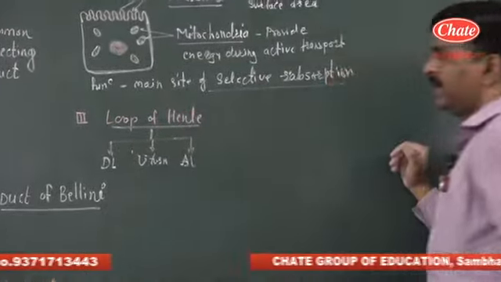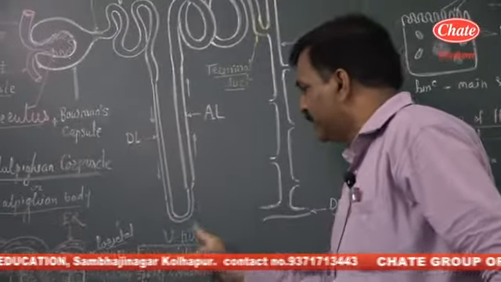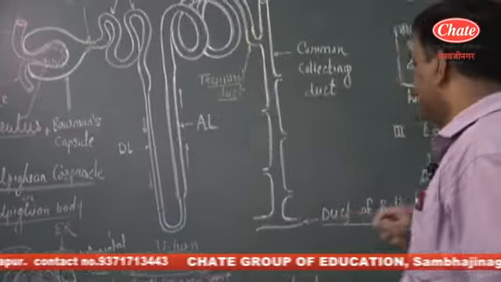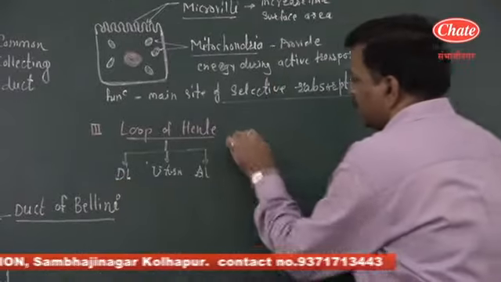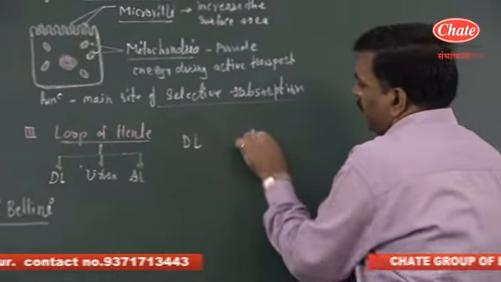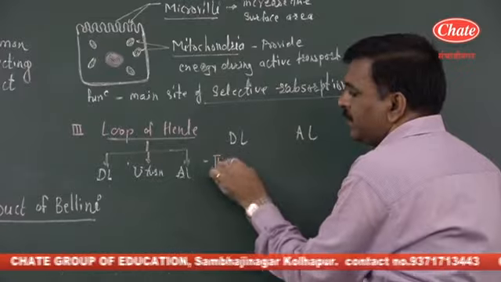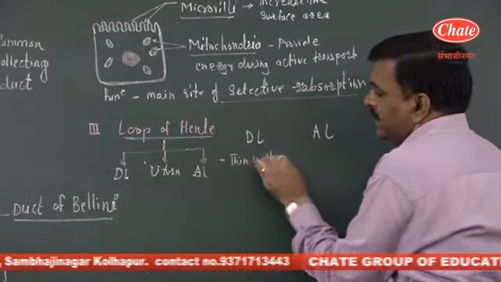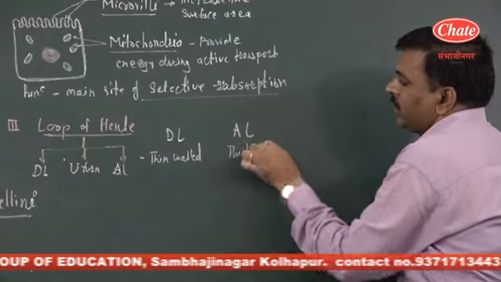So these are the three components. When you focus on the descending limb and ascending limb, first, the descending limb is thin walled, this is the difference, while the ascending limb is thick walled.